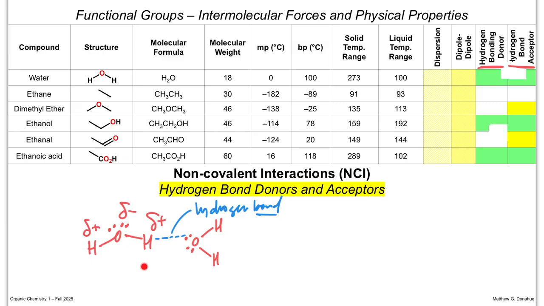If you have liquid water and you're applying heat, you're not breaking any chemical bonds. You're not breaking OH bonds. You have to break that attraction, that hydrogen bond. So you have to put more energy in when that's present. And since you're doing that, the boiling points are typically higher.